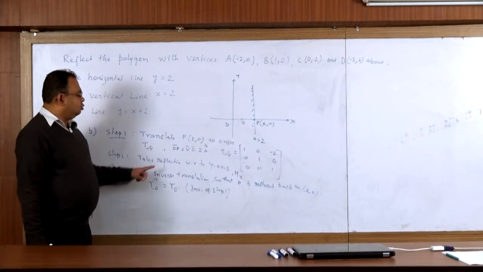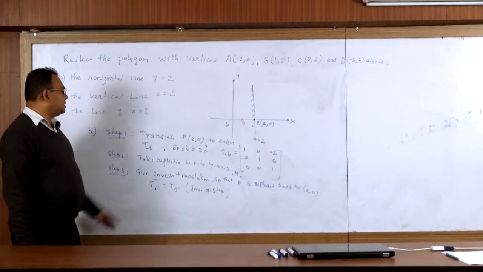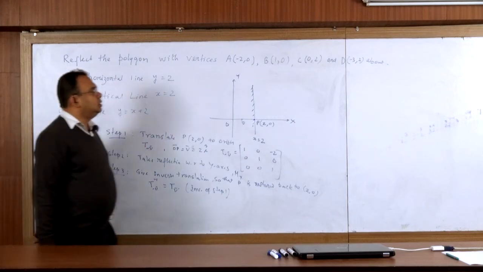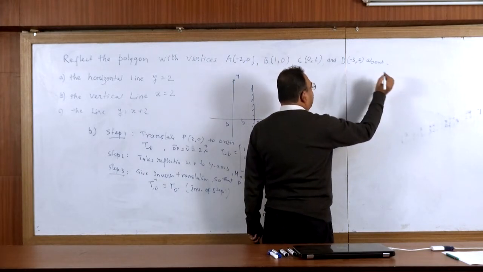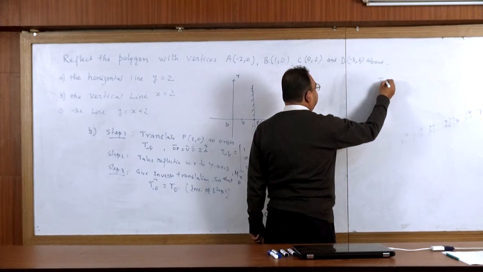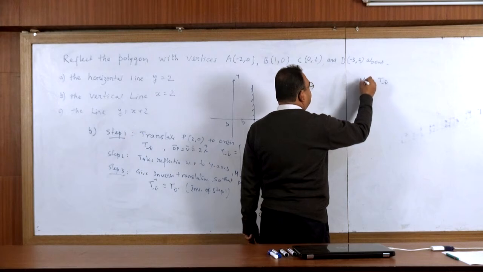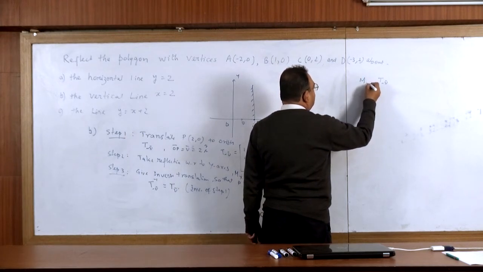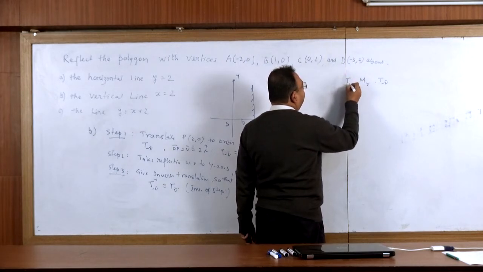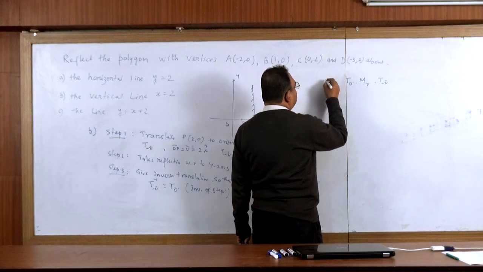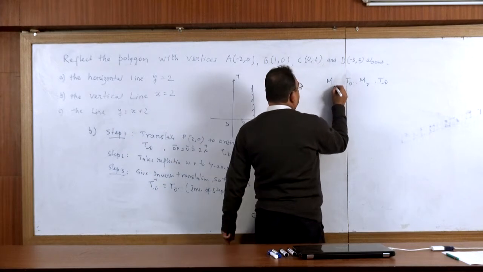So, we need to apply these three basic operations in sequence. The first operation is step 1, so that will be operated first. If I consider any arbitrary point, on that point first T minus V is applied. On that result, we will apply mirror reflection with respect to the y axis, step 2, and then we will apply T V. So, this is your composite transformation matrix M, where the reflector is x is equal to 2.